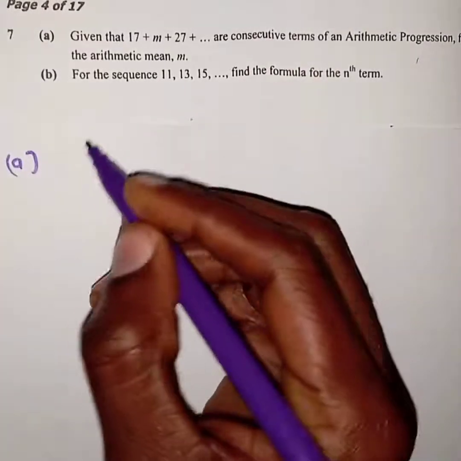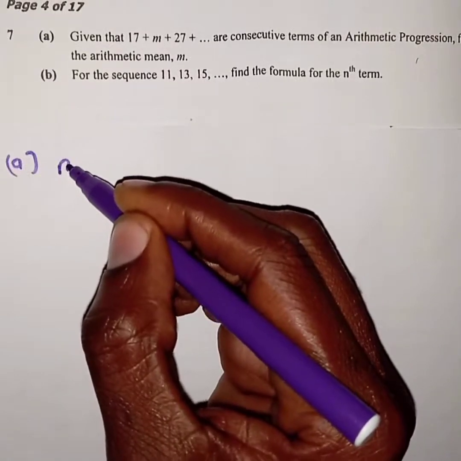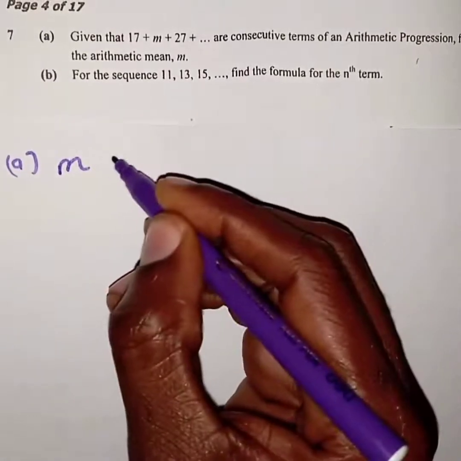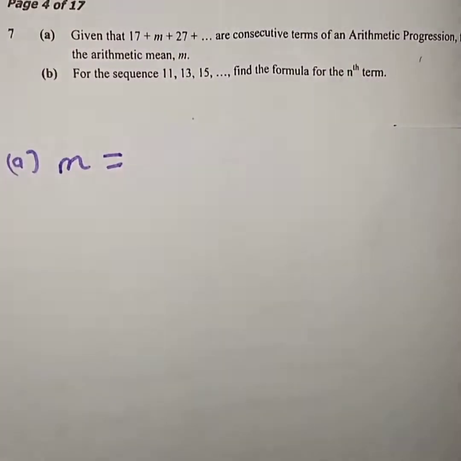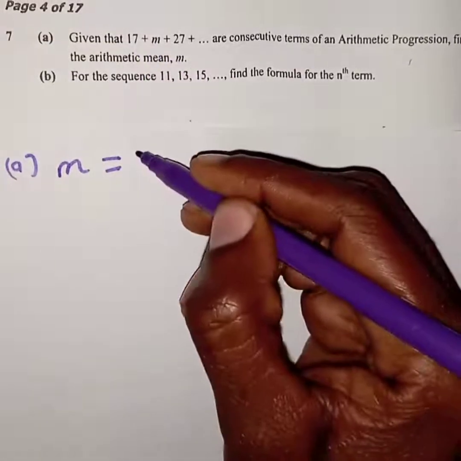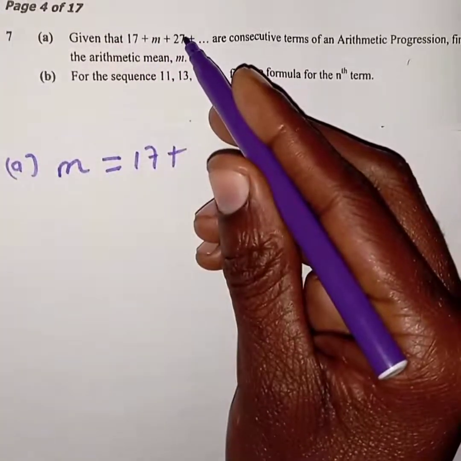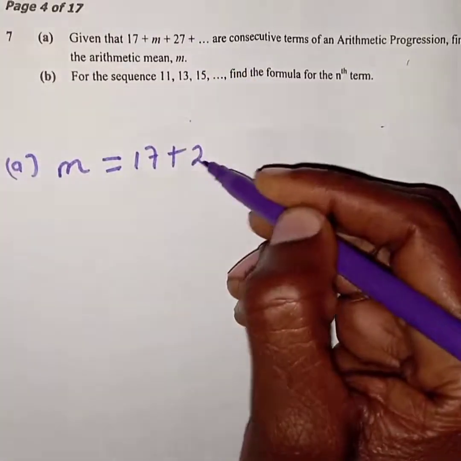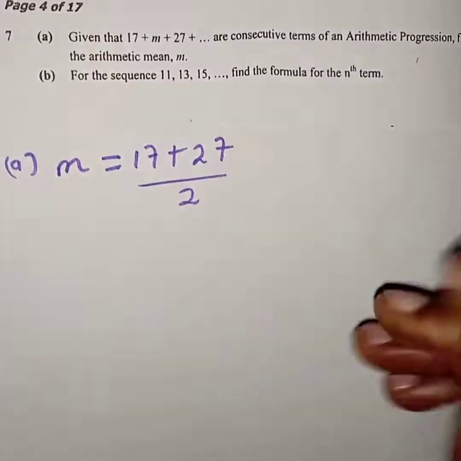So 7a, what you do, you write m is equal to the first term plus the third one, divided by 2.